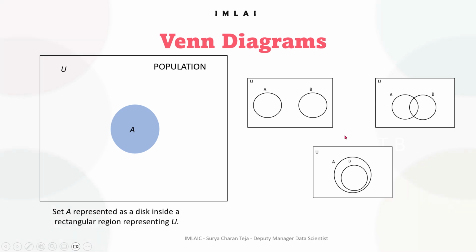A Venn diagram can be used to show how many people belong to each group, as well as how many people belong to both groups, like both dogs and cats.